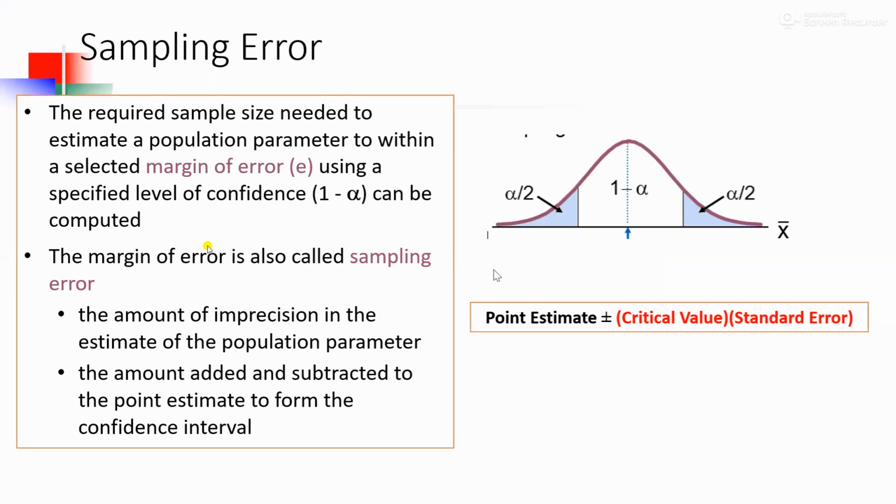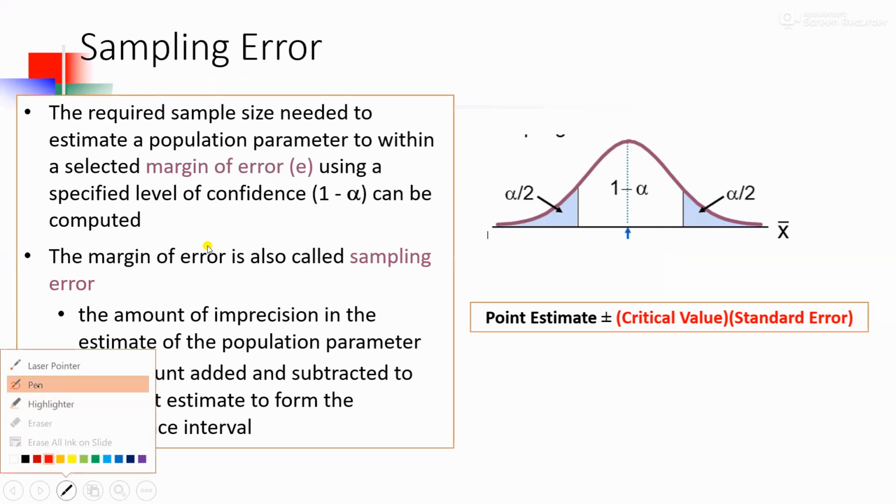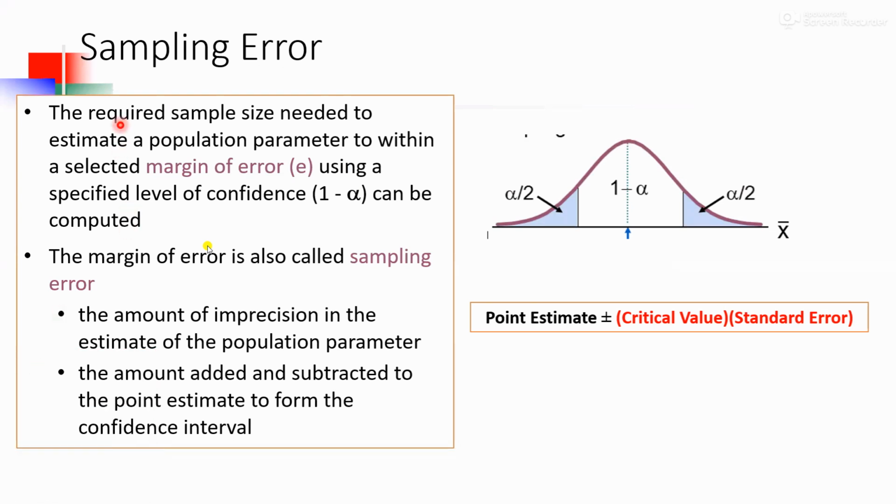So here, to decide the required sample size, we have to look at the margin of error, that is denoted by E. This margin of error is related to the level of confidence that is denoted by 1 minus alpha.